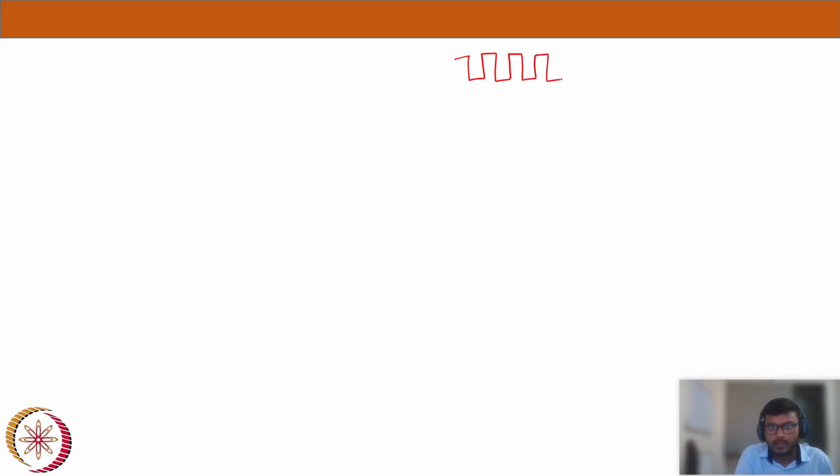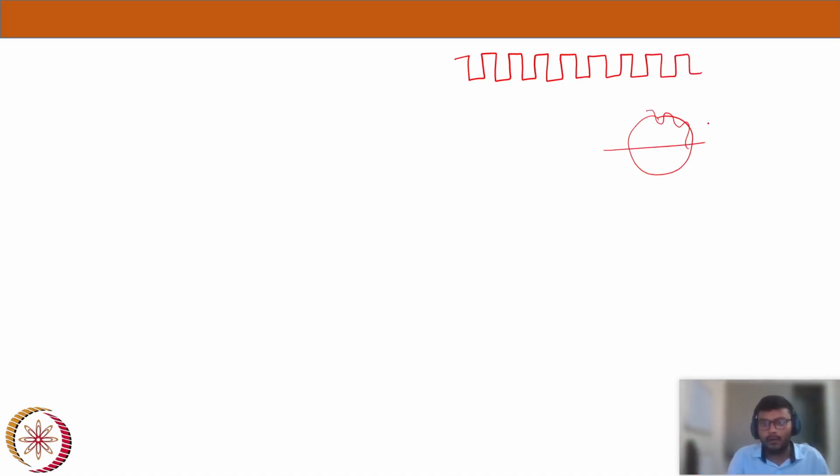I'm just drawing it in a planar structure, like in a straight line. This is the slot we have. I have just laid it out on a plane.